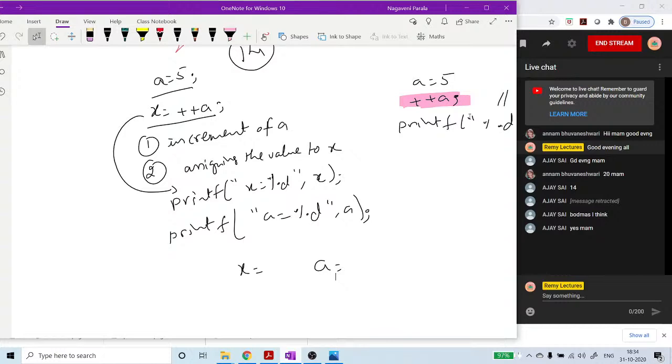There are two tasks that must be performed, that is incrementing as well as assigning. So once the statement is executed, what is the value of x and what is the value of a? Bhuneshwari, x equal to 6, and what about the value of a?